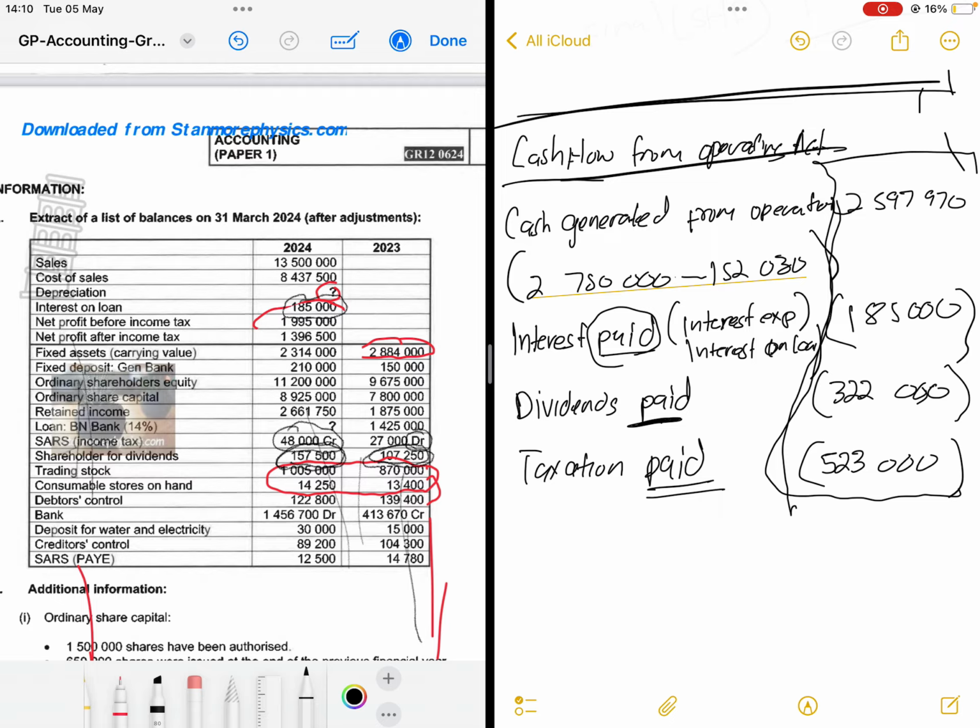So that sum of the negative is less than the sum of the positive, because the sum of the positive is 2 million. So my final answer will be an inflow, positive. So I take the difference between the sum of the positive and the sum of the negative. The difference will be 1,567,970. Good.